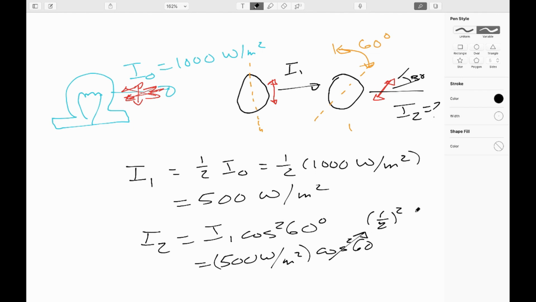So cosine squared will be 1/2 squared, which is 1/4. So we are left with 125 watts per square meter.